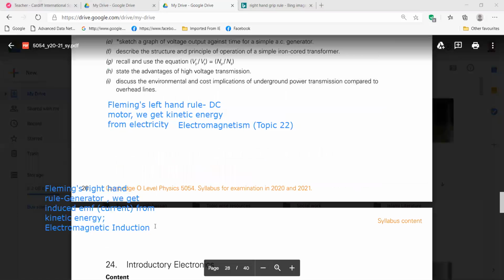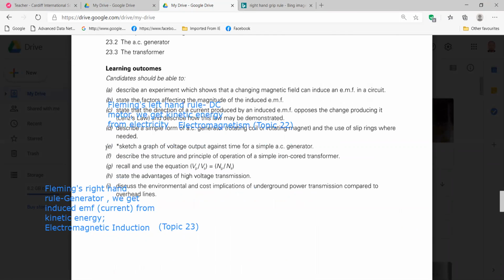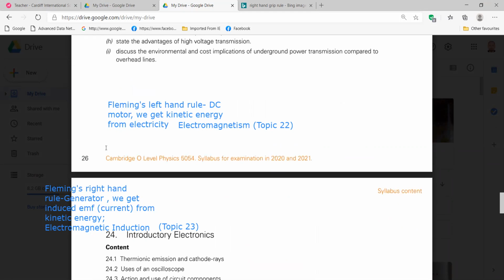This is topic 23. Finish writing, then we are going to the rest part of topic 23.